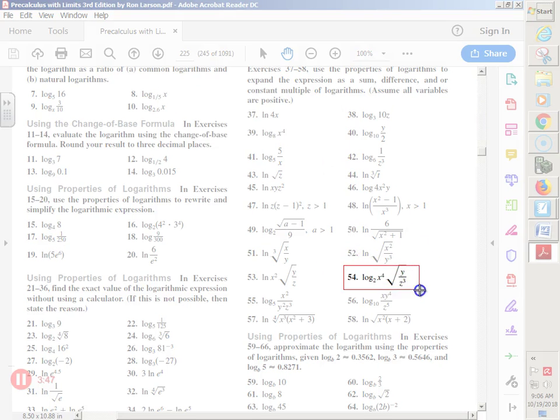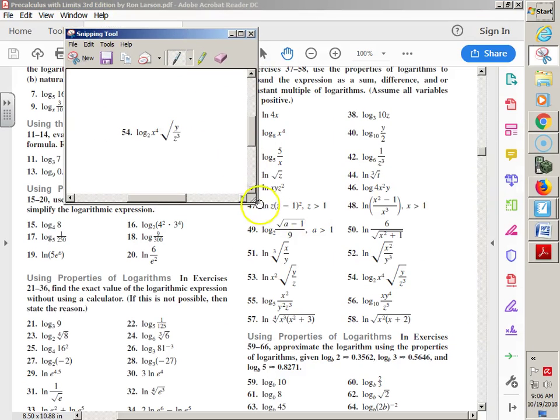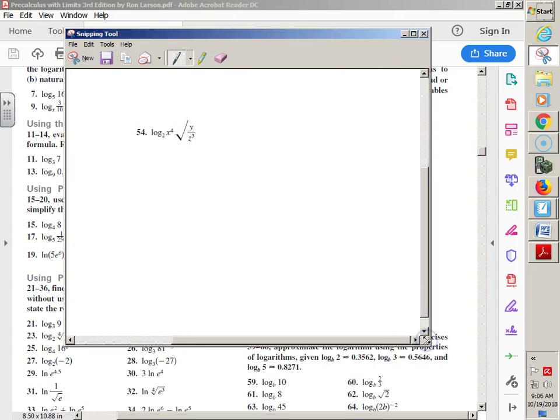Okay, number 54. It was 54, right, Gavin? Okay. Number 54. I see a times, I see a divide, and I see a square root. How about you guys? I see a times, I see a divide, I see a square root. So the times, first of all, between this guy and this guy, you can think of using the product property of x, y.